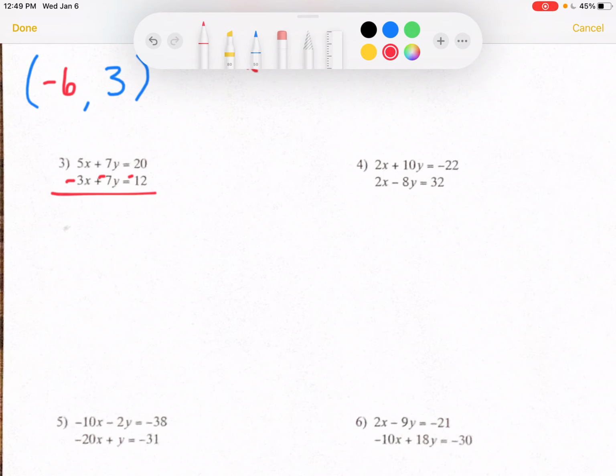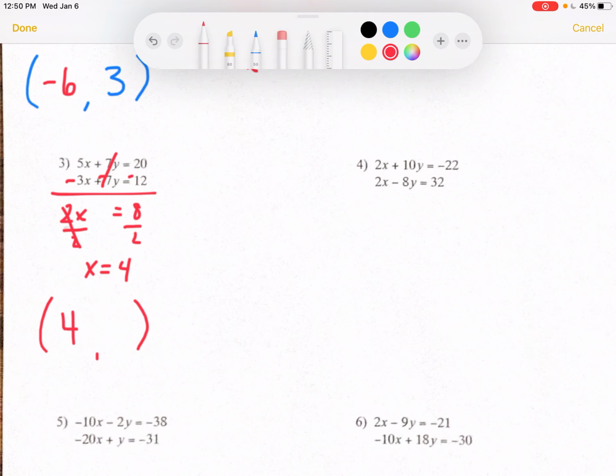So then when you add down, it's almost like subtracting, okay? So 5x plus negative 3x is just the same as saying 5x minus 3x. These make 0, and then it's 20, basically minus 12, so equals 8. So divide by 2, x is 4.